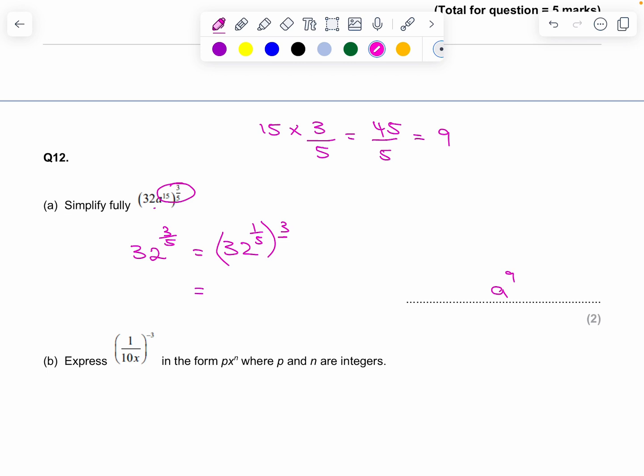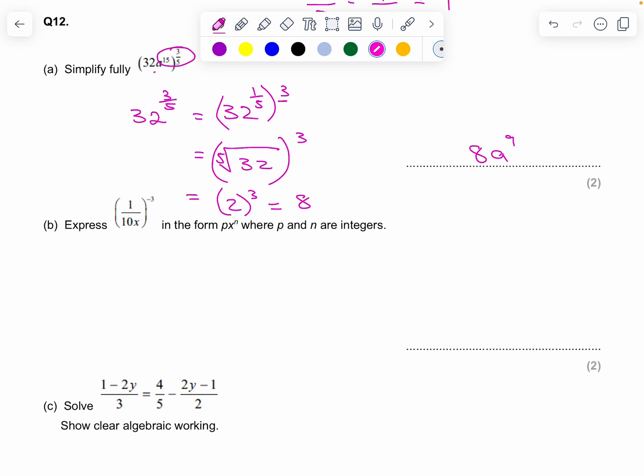To the power of 1/5, we did this in class, is the same as finding the 5th root. Again, you just do that on your calculator, and you would have found that the 5th root of 32 is 2. So then we do 2 cubed, which is 8. So it's 8a to the power of 9. Okay.